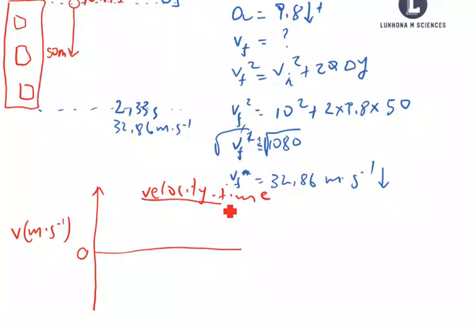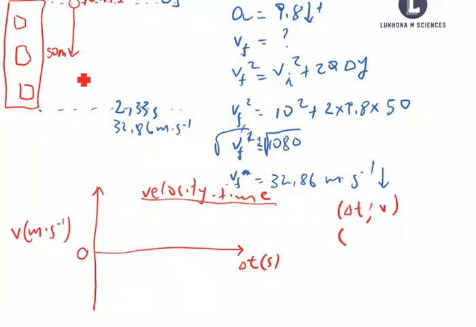Okay, so we have the velocity there. Then here on the x-axis we have delta t in seconds, which means the coordinates are x, that is delta t, and y, that is velocity.